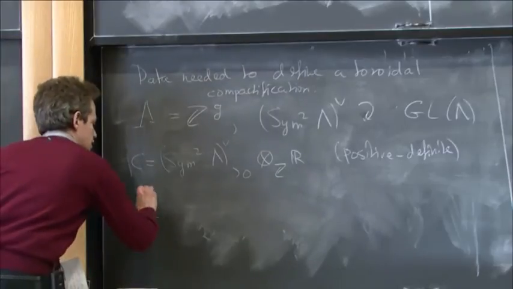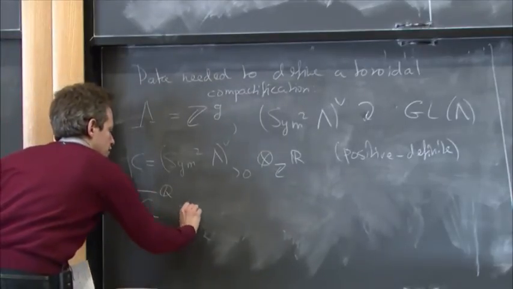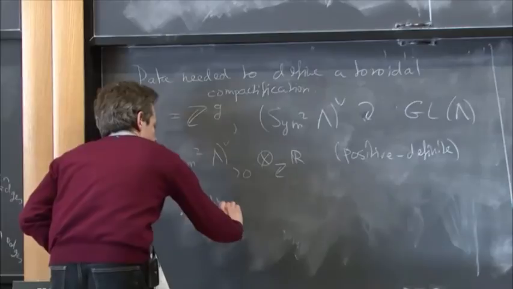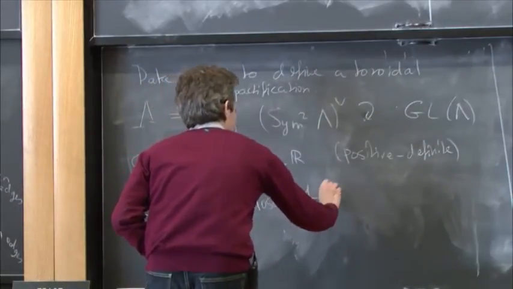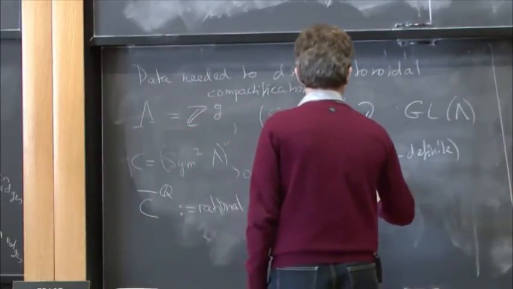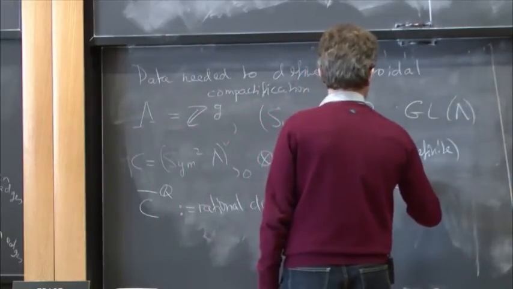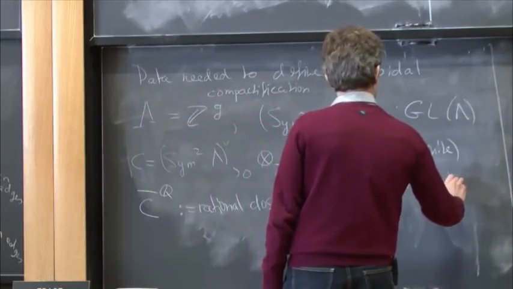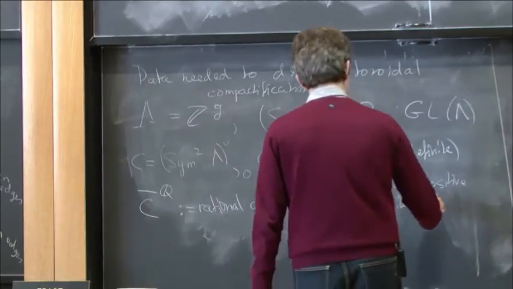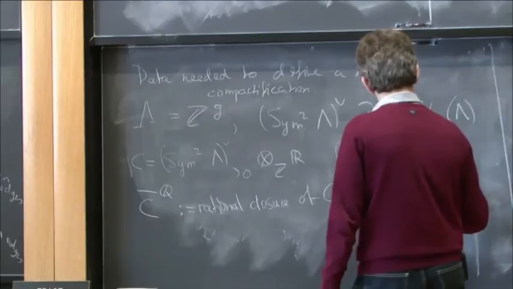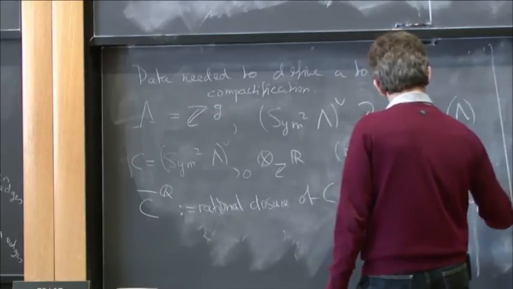So what you do is you take the rational closure of this cone. So this means you add semi-positive definite matrices or forms with rational radical.